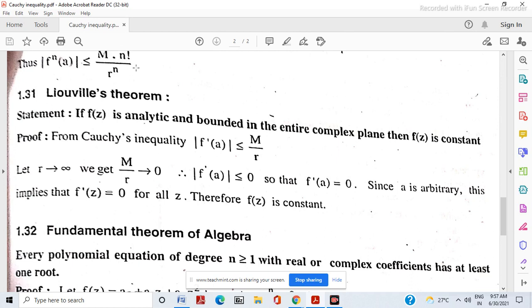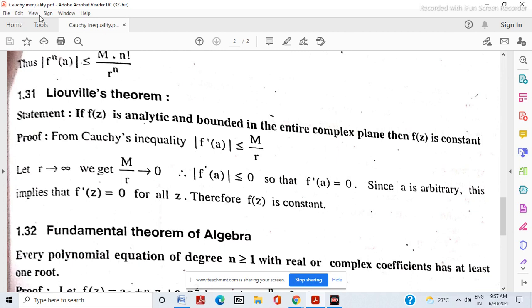But here the change is, it is not inside a circle. We are extending that into the entire complex plane. Entire complex plane means instead of imagining a circle, imagine a circle with infinite radius, which gives the entire complex plane.